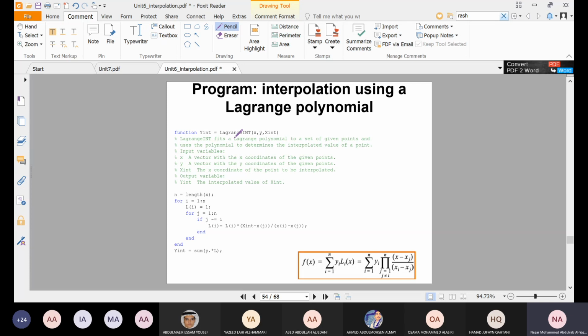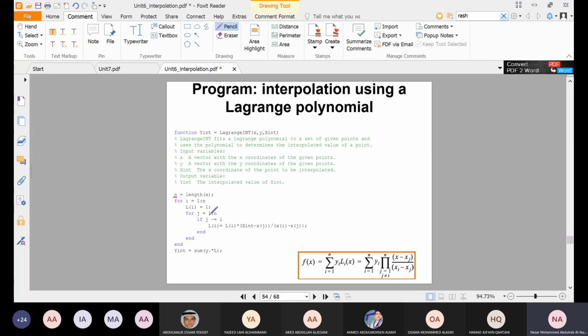So what we need here is the x's and the y's, the data that we need, and the size of these should be the same. After that, n is the number of iterations, which is usually the order of the polynomial that we want. So for i from 1 to n, this is the weight matrix. We start with initial value 1, L_i.